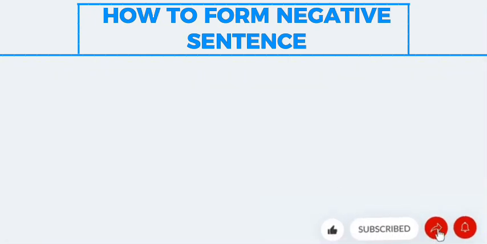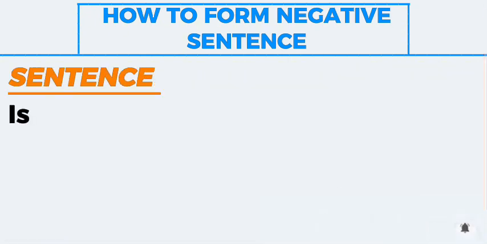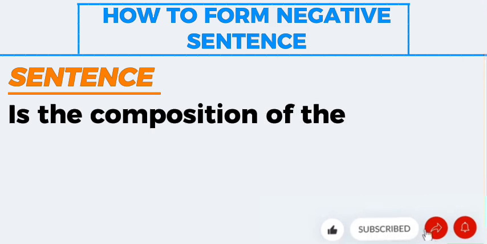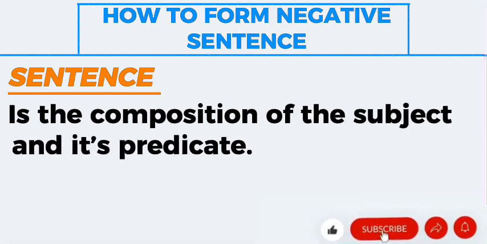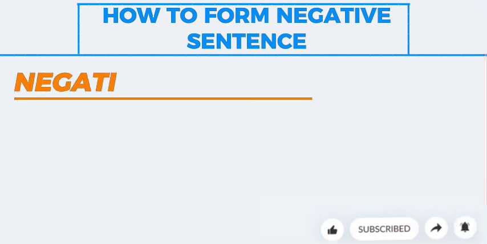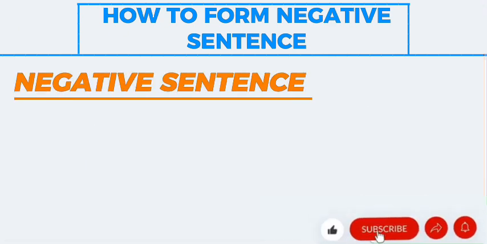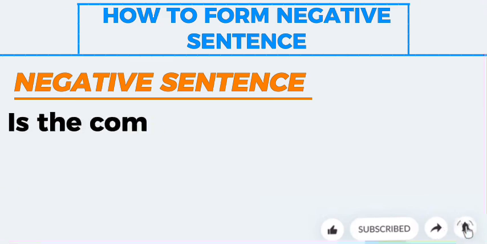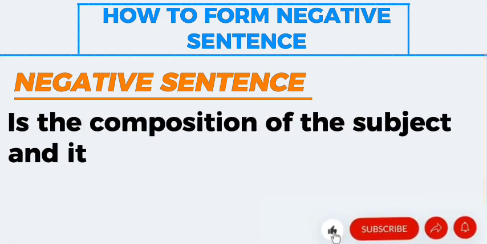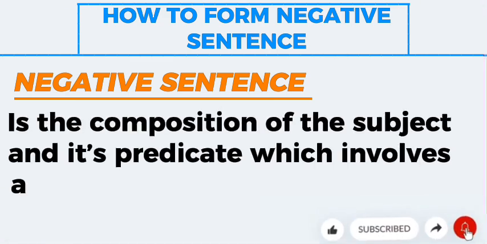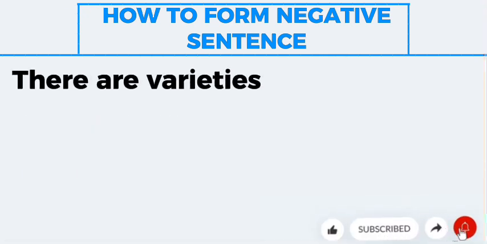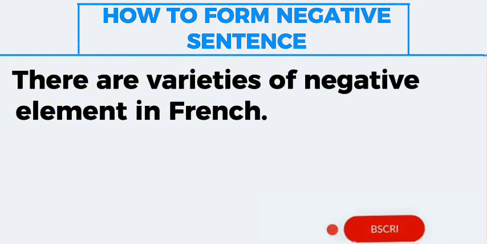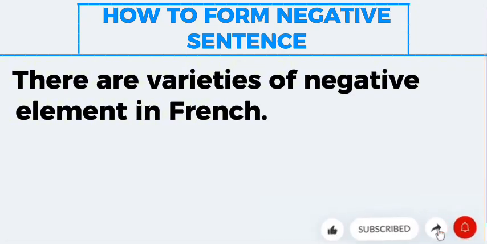Just as you know, a sentence is the composition of a subject and its predicate. This is equivalent to that of a negative sentence. The difference is the negative sentence is the composition of a subject and its predicate, which involves a negative element. There are varieties of negative elements in French, but the standard negative element used is ne pas.